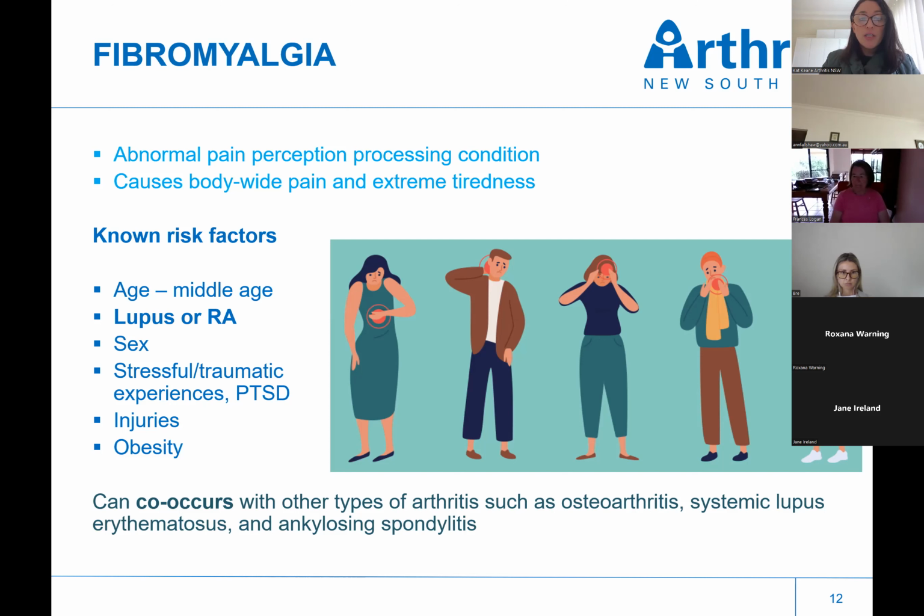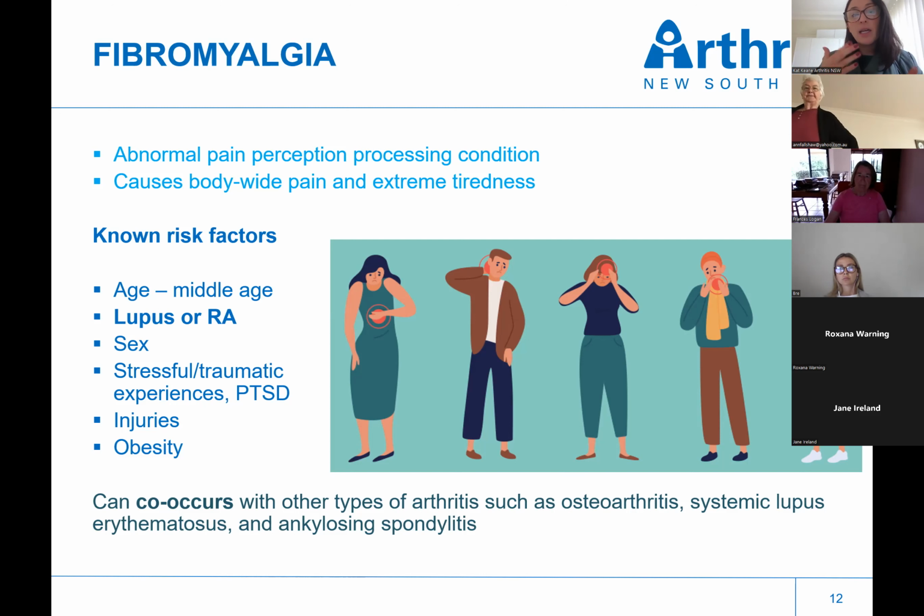Sex, so it's often females that develop fibromyalgia versus males. If you've had a stressful or traumatic experience, or if you've suffered from PTSD, that can also be a known risk factor. We have musculoskeletal injuries, whereby the tissue itself has healed, yet the pain still persists and you end up with chronic pain.